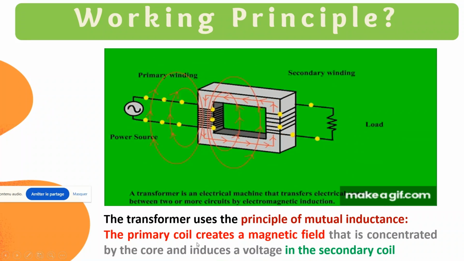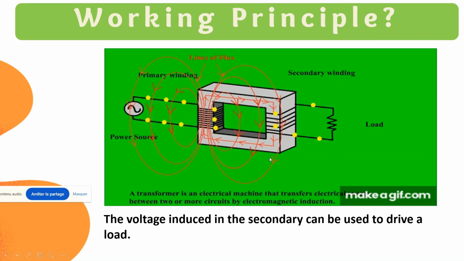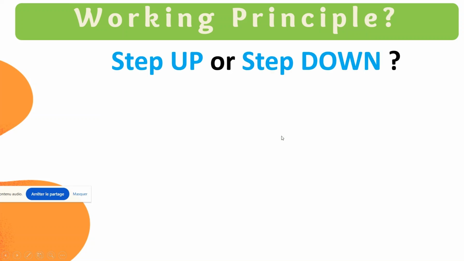So the primary coil creates a magnetic field that is concentrated by the core and induces a voltage in the secondary coil. This voltage induced in the secondary can be used to drive a load.